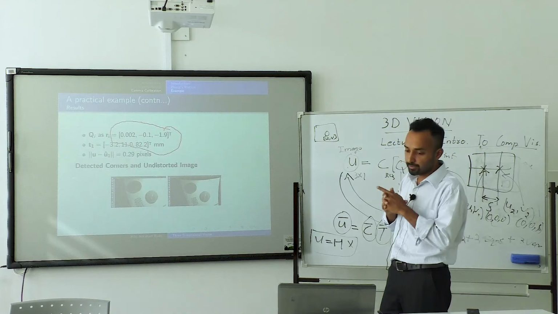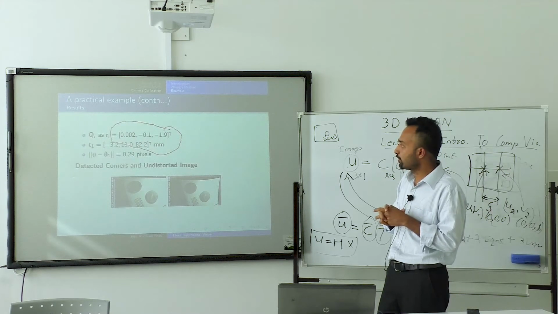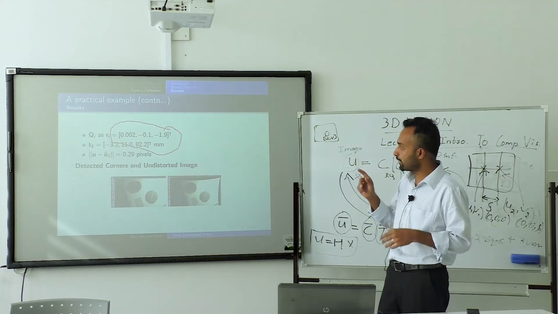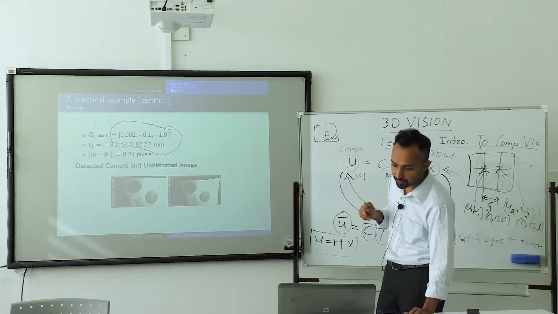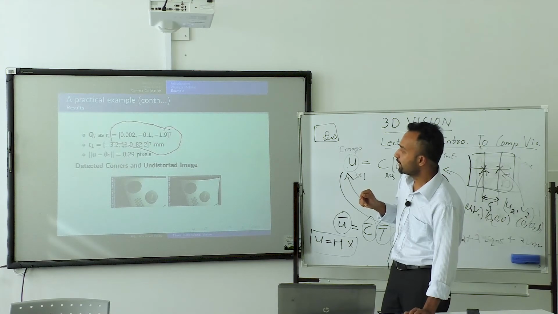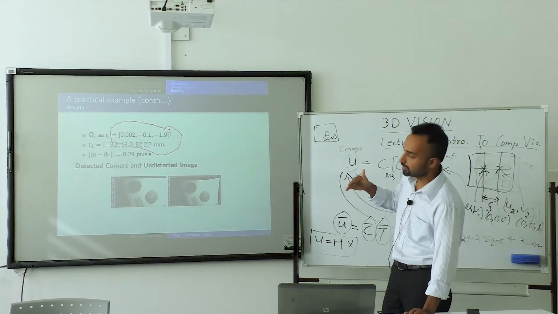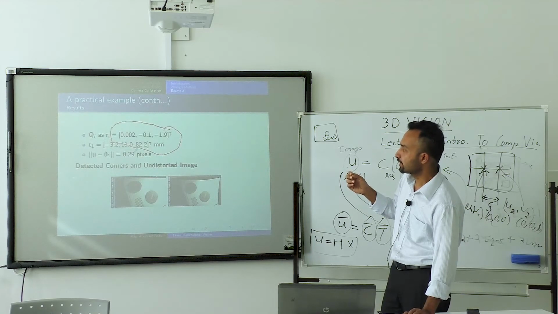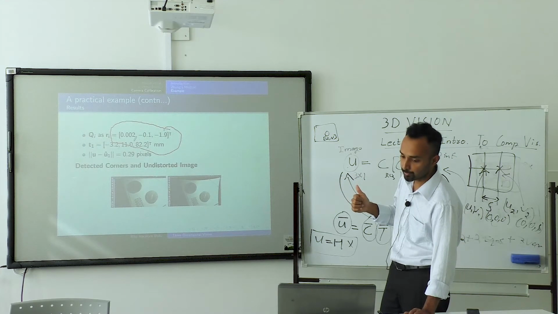So for the first image, the rotation vector was given by this value, and the translation vector was given by the next value. This means that along the X direction of the optical center, the camera has been shifted by only a very small distance, a slightly larger distance along Y, and the distance along the Z-axis is approximately 82 mm.